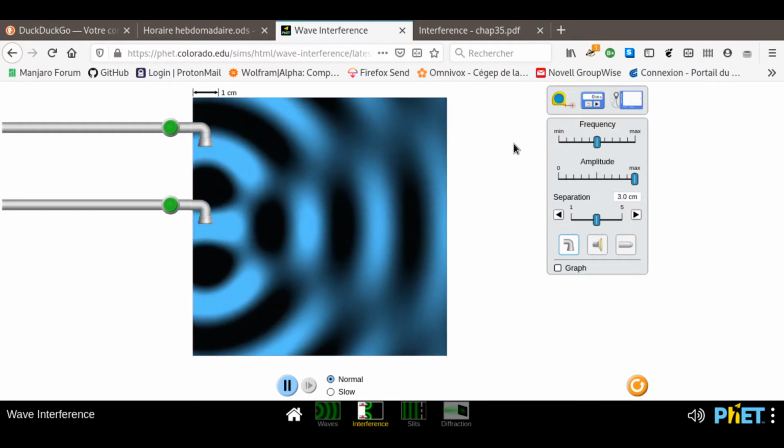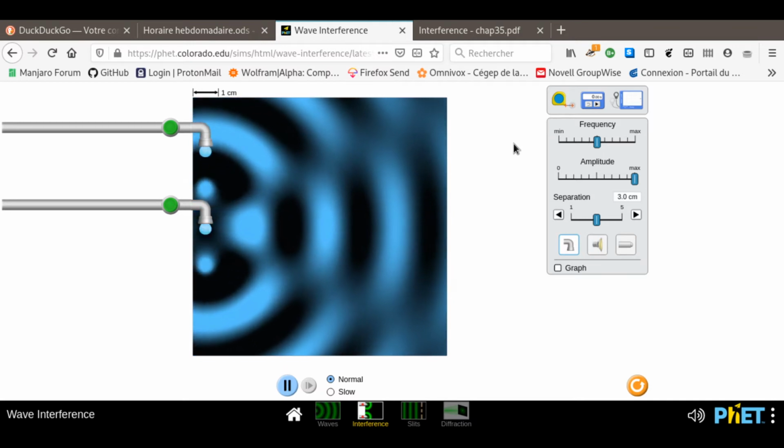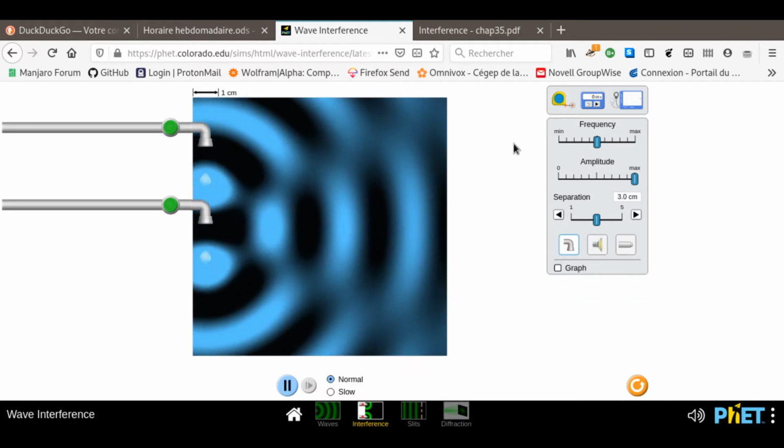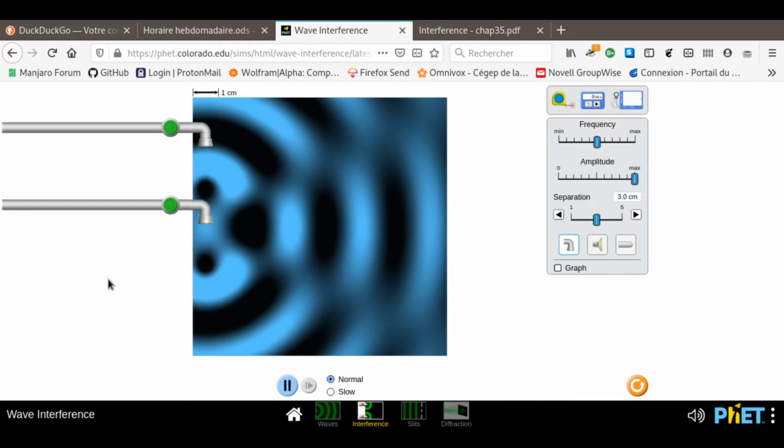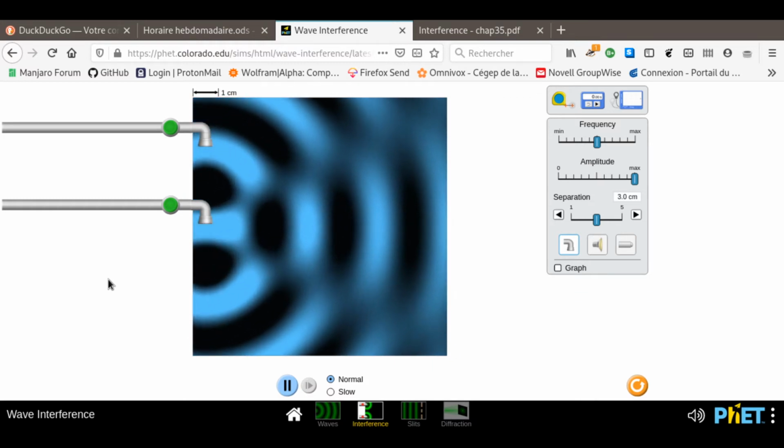This is true for waves on the surface of the water. This is also true for other kinds of waves. Before we move on to these, so far, do we have some questions?